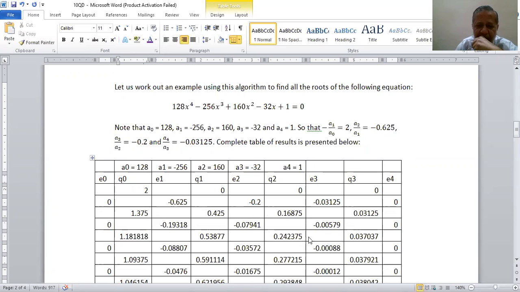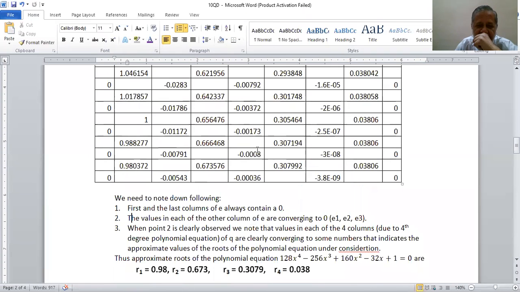In this way, we develop this table. I hope you understand the construction of the table clearly now.